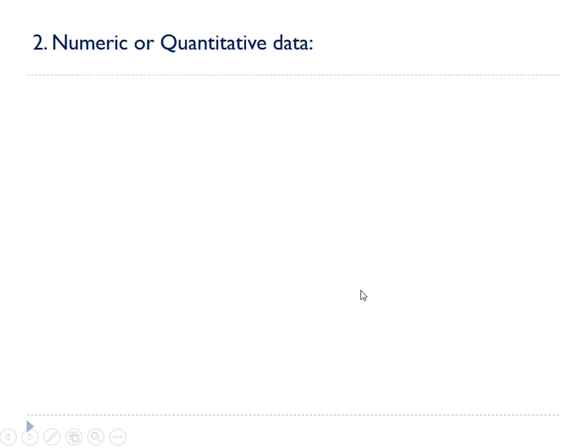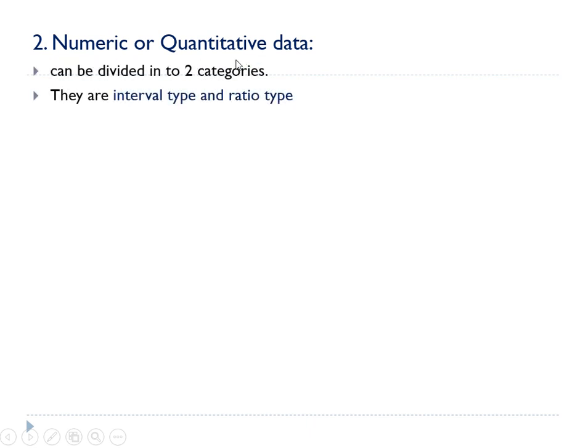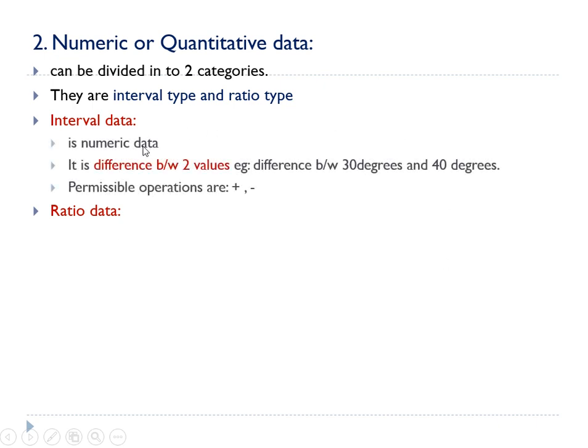So coming to the next kind of data, we call it numeric data. As the word itself says, it can also be called quantitative data, and this is further classified into interval type and ratio data. Interval data is numerical data. You will have numbers here, for example temperature: 30 degrees, 40 degrees.